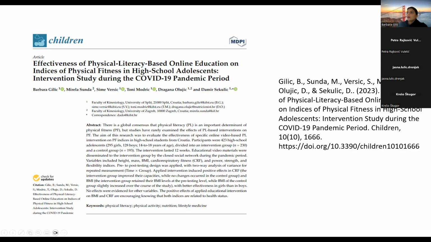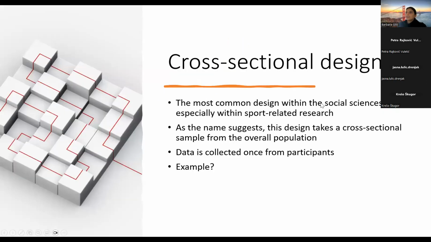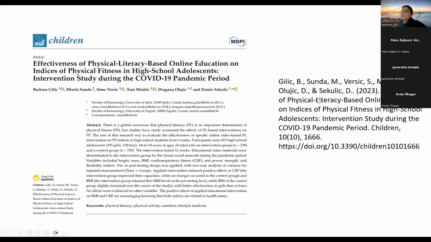And in this case, the experimental group, or the group who watched the video materials, improved their physical fitness in terms of this beep test, or cardiorespiratory fitness test, and that is why we actually proved that our experiment worked, because the control group didn't improve this capacity and our experimental group did improve it. And that's actually the main point of those experimental studies.